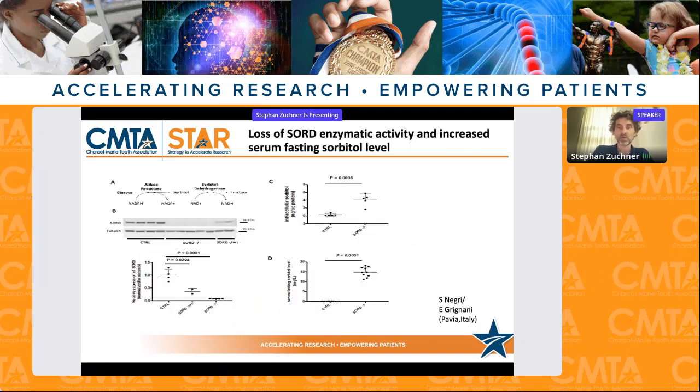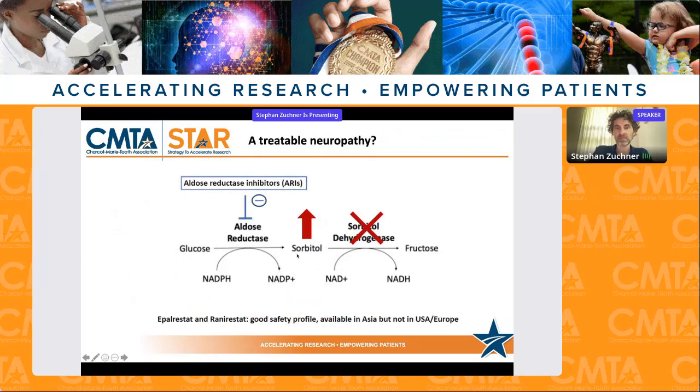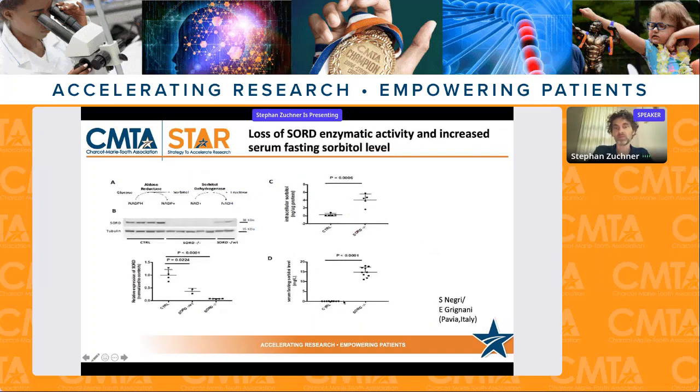So you have to live without it. And what is maybe the most important is this one here in this corner. Focus on this. In this experiment, we showed that in control, so in normal individuals without any SORD issues, the sorbitol, this stuff here that you don't want, is extremely low.